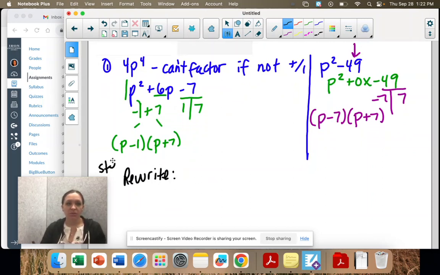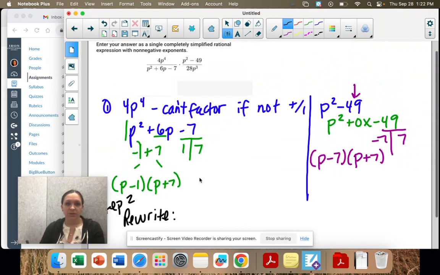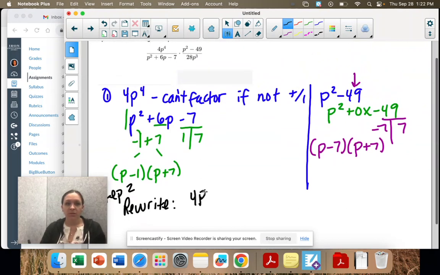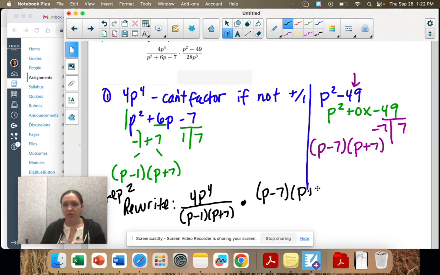That's step 2. So 4p to the 4th over p minus 1, p plus 7 times p minus 7, p plus 7 over 28p cubed.